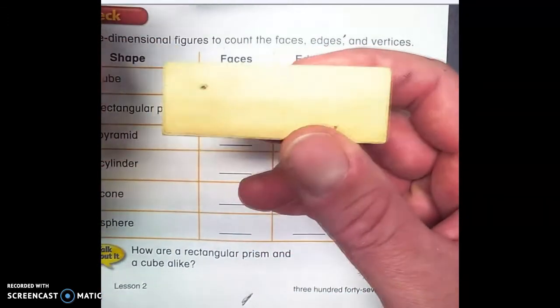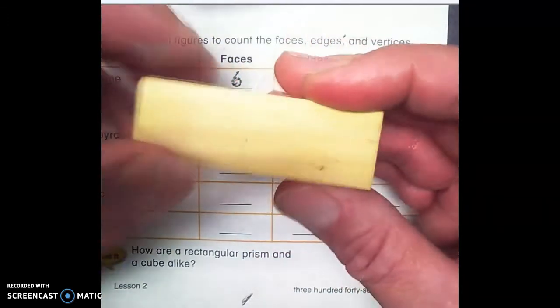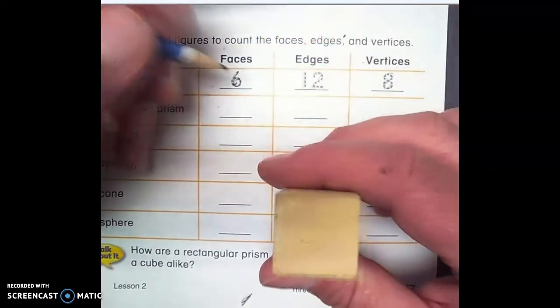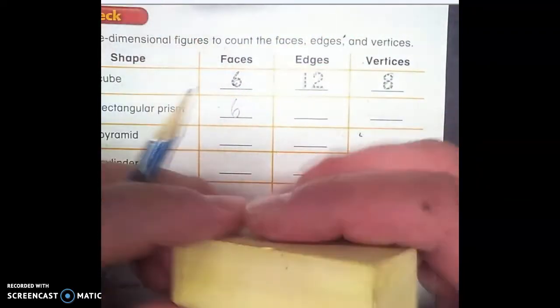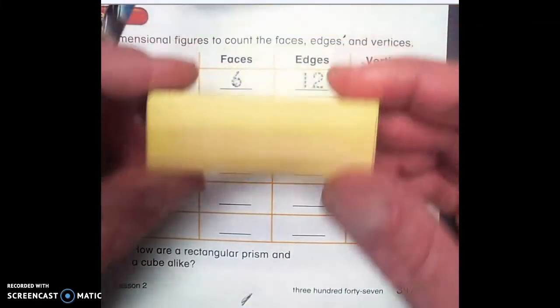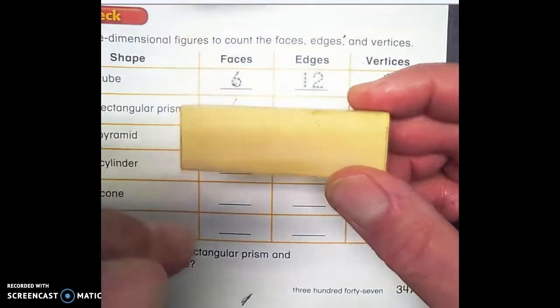Here we go. Let's count the faces first. We've got 1, 2, 3, 4. Then we go up to the ends, 5 and 6. So 6 faces on a rectangular prism. Let's go to the edges. Remember, the edges are 2 places or 2 faces come together. It's like the cliff.